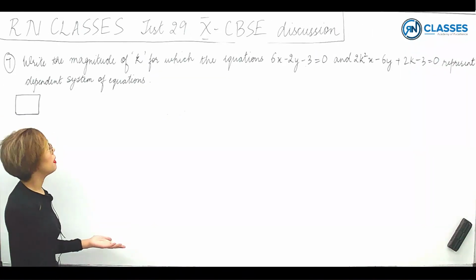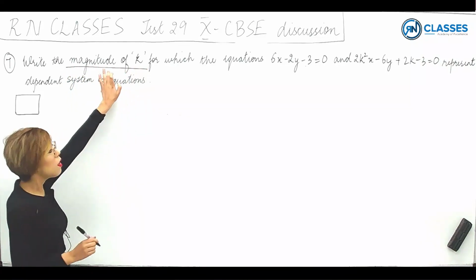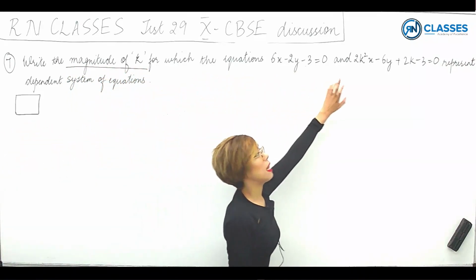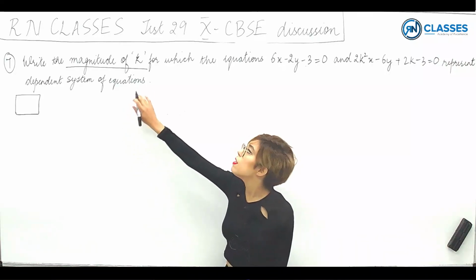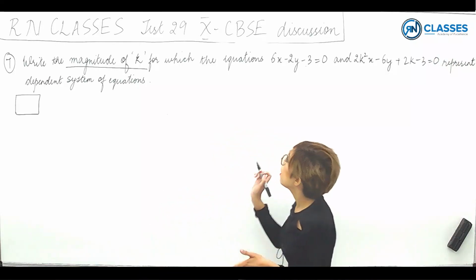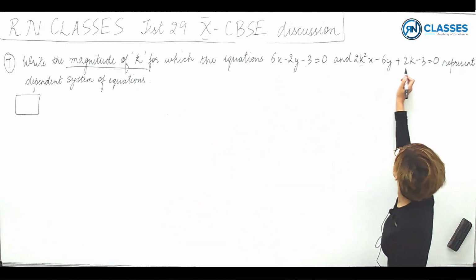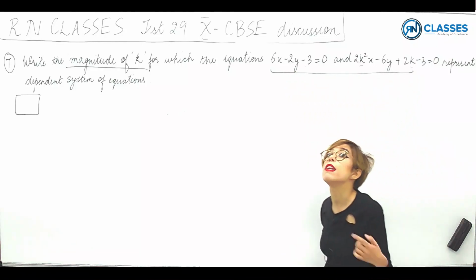Alright, so the next one. Write the magnitude of k for which the equations this and this represent a dependent system of equations. Now he is talking about the magnitude. Let's first find k itself. Where is k involved? Here. k is getting involved here, and I know that this pair of linear equations is dependent.